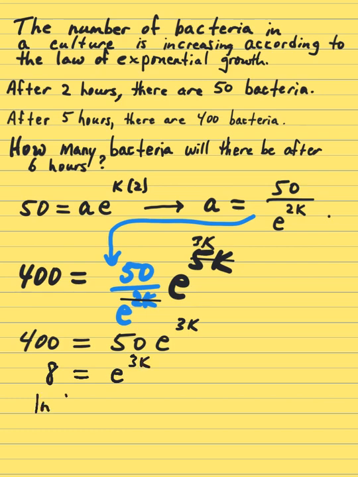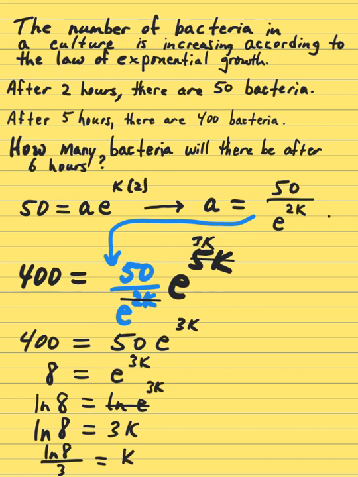Natural log of 8 equals natural log of e to the 3k. And remember, those will cancel. Natural log of 8 is equal to 3k. So k is natural log of 8 all over 3. Be careful not to write that as 8/3. That's natural log of 8 all over 3. Gives us our growth factor.